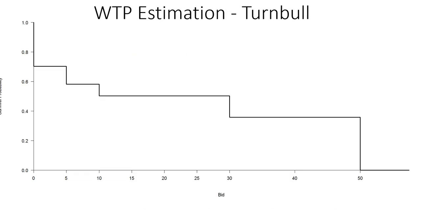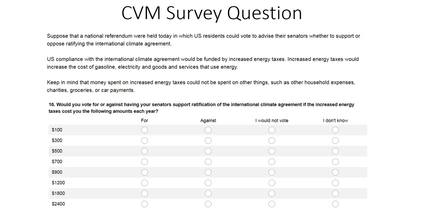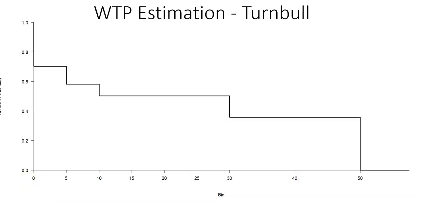So with data like that, different for votes or yes responses at different cost amounts, also known as bids, you can estimate a demand curve.